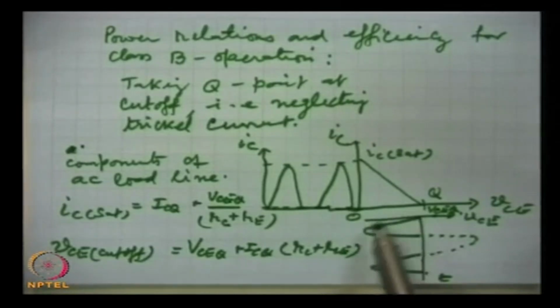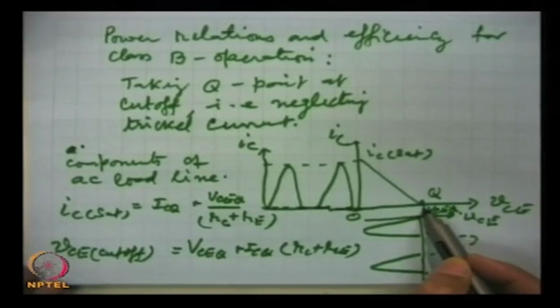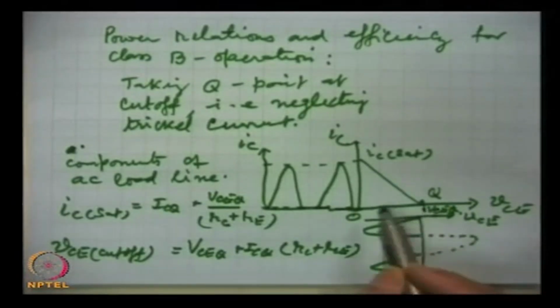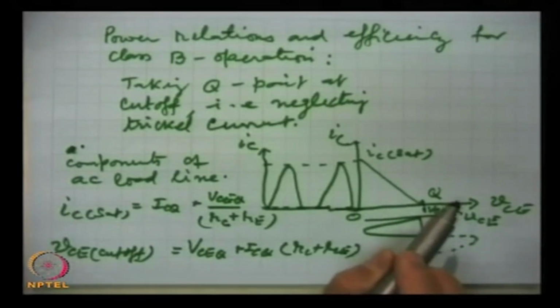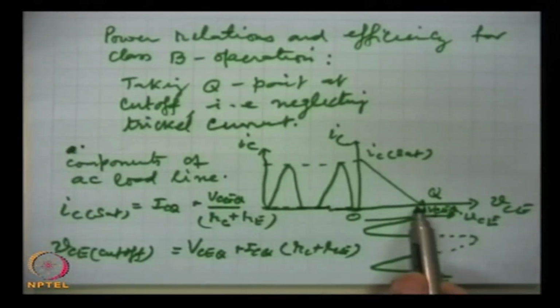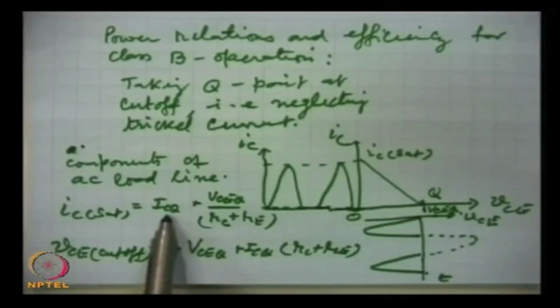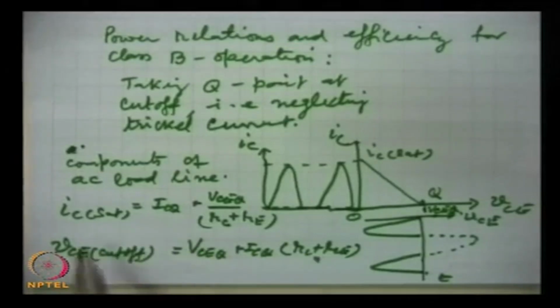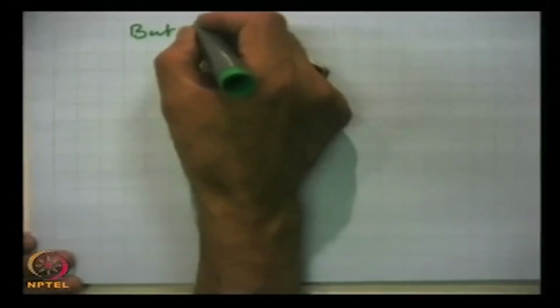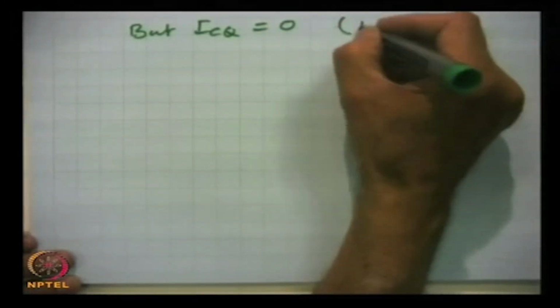In this present case, because the operating point we have taken at cutoff, and that small trickle current we have neglected for the simplicity of the analysis, ICQ we are taking as 0, that is in B operation.